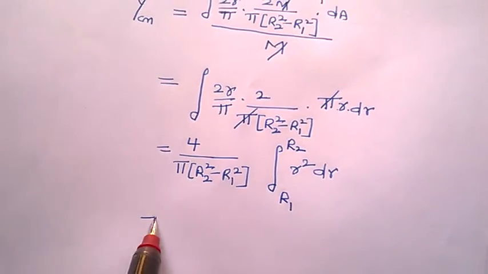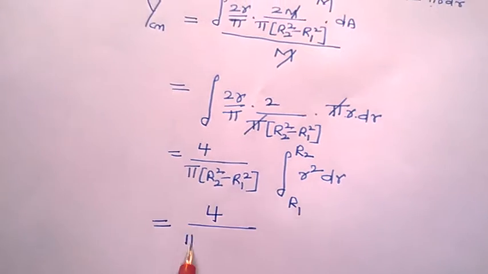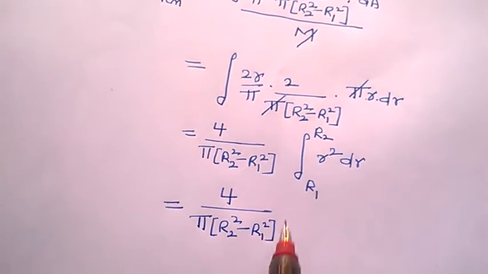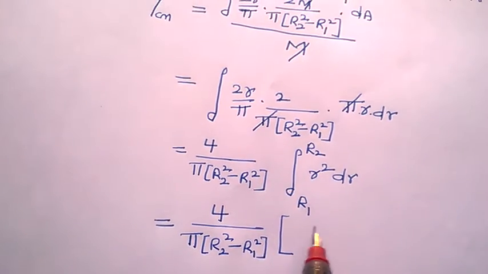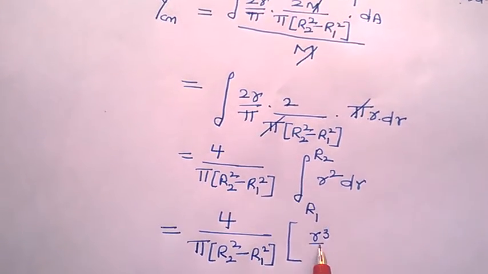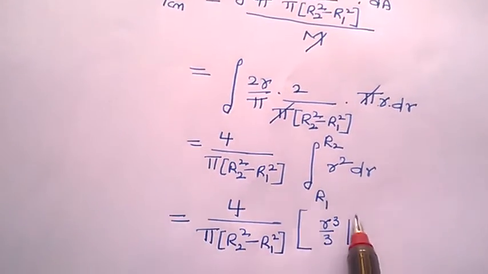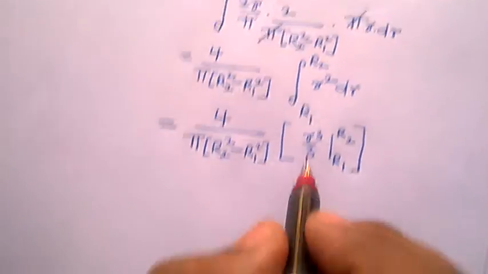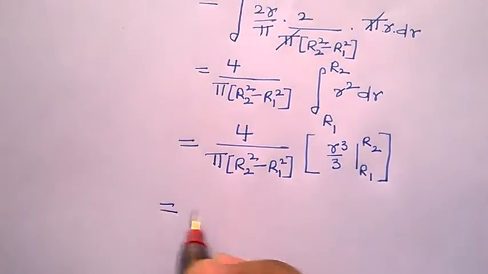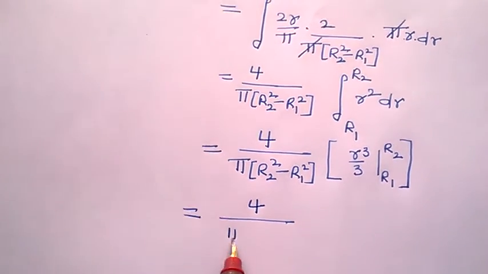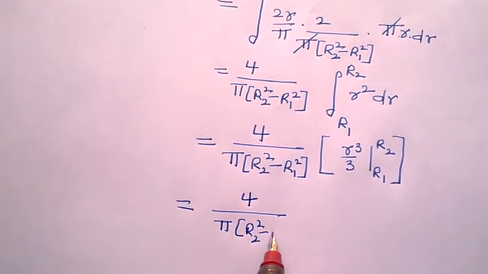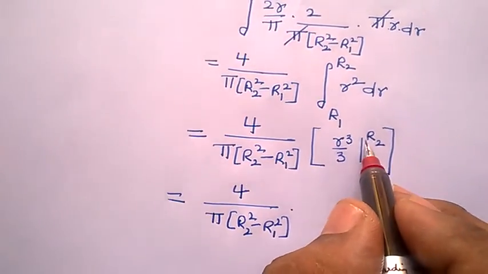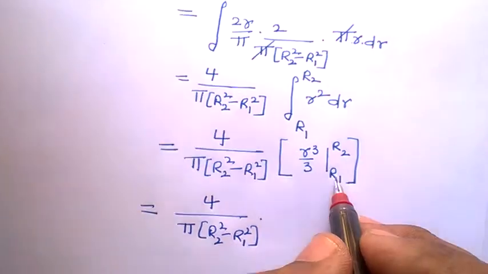So this is again 4 by pi into R2 square minus R1 square. Now what is the integration of r square? It is r cube by 3. So r cube by 3, and the limits are from R1 to R2. If you substitute the limits, you would get 4 by pi into R2 square minus R1 square multiplied by, if you substitute the upper limit, R2 cube by 3 minus the lower limit R1 cube by 3.